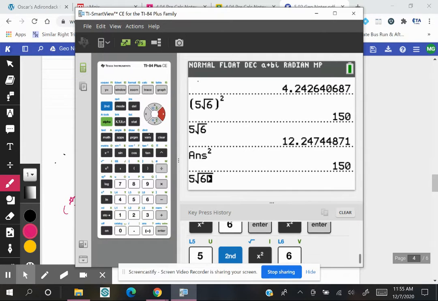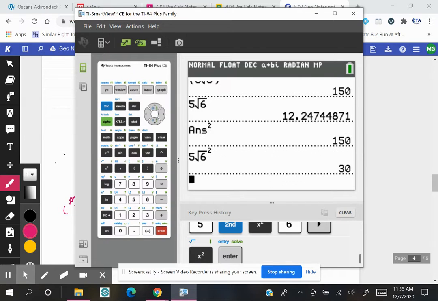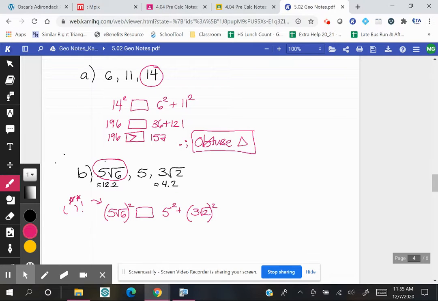If you didn't put the parentheses around it, you get a very different answer. Instead of 150, we get 30, because you would just square the rad 6, which gives you 6, and 6 times 5 is 30. As opposed to this one, where you're squaring 5 to get 25 and squaring the rad 6 to get 6, and 25 times 6 gives you your 150.